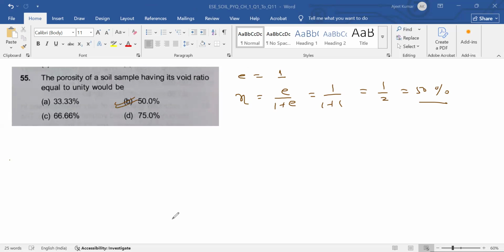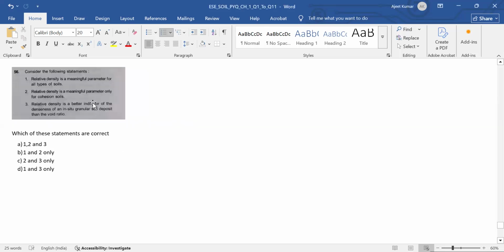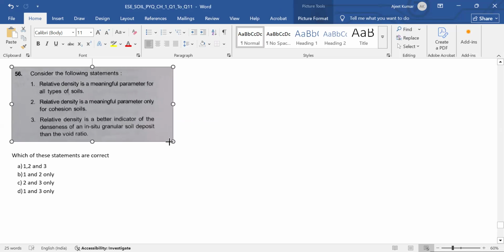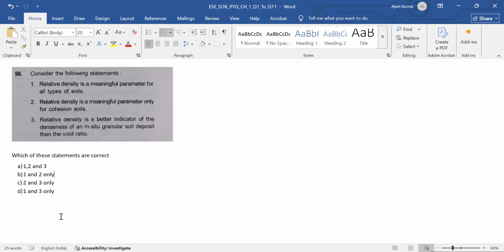Question number 56. Consider the following statements. Relative density is a meaningful parameter for all types of soil. No, this is a wrong statement.